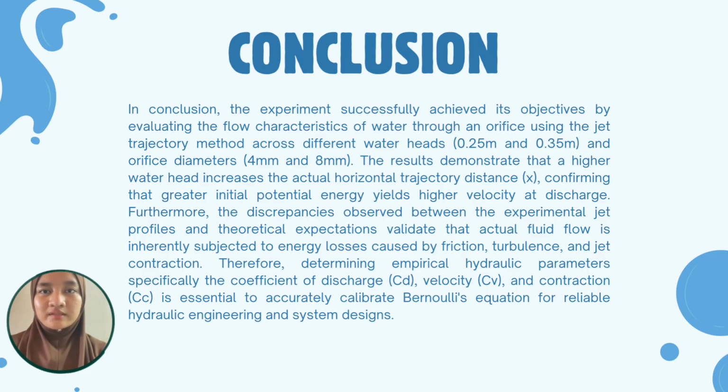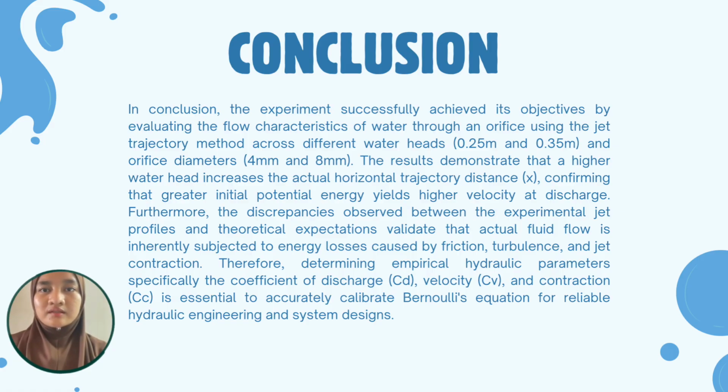In conclusion, the experiment successfully achieved its objective by evaluating the flow characteristics of water through an orifice using the jet trajectory method across different water heads, 0.25 meter and 0.35 meter, and orifice diameters of 4 mm and 8 mm. The result demonstrates that a higher water head increased the actual horizontal trajectory distance, confirming that greater initial potential energy yields higher velocity at discharge.